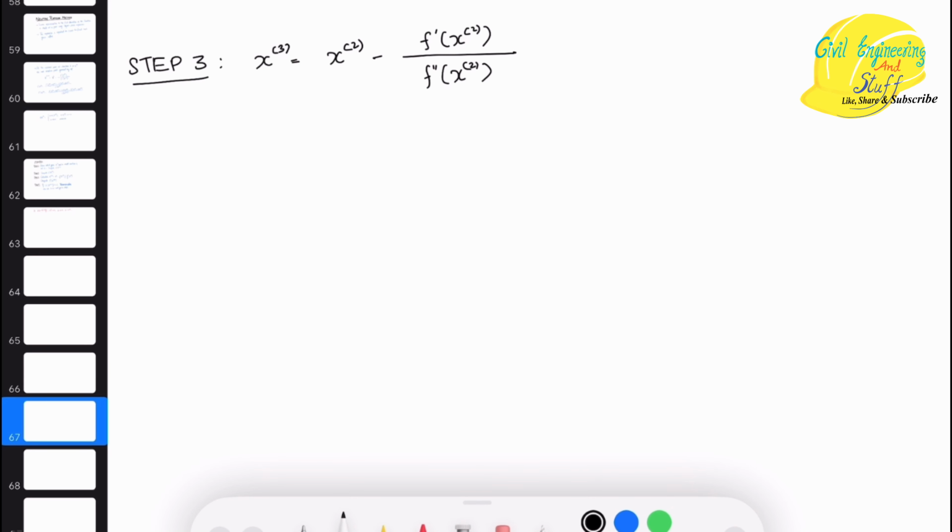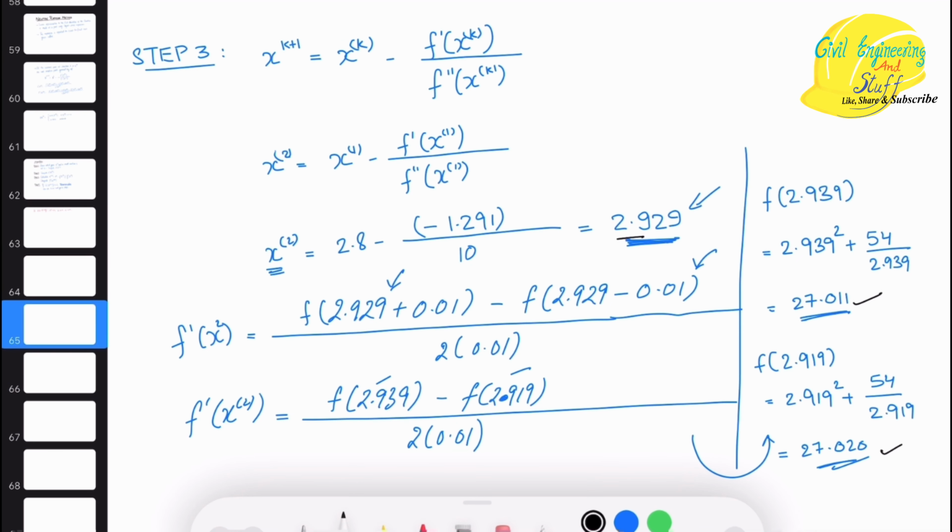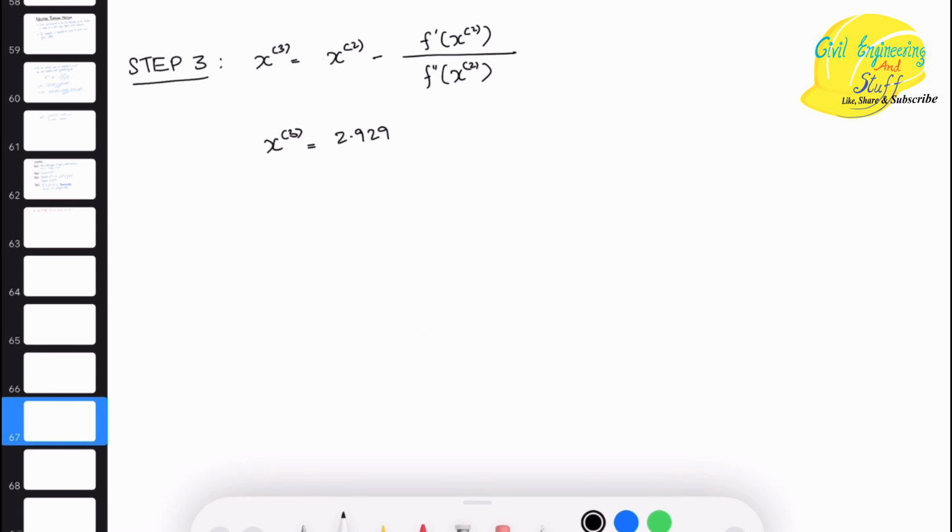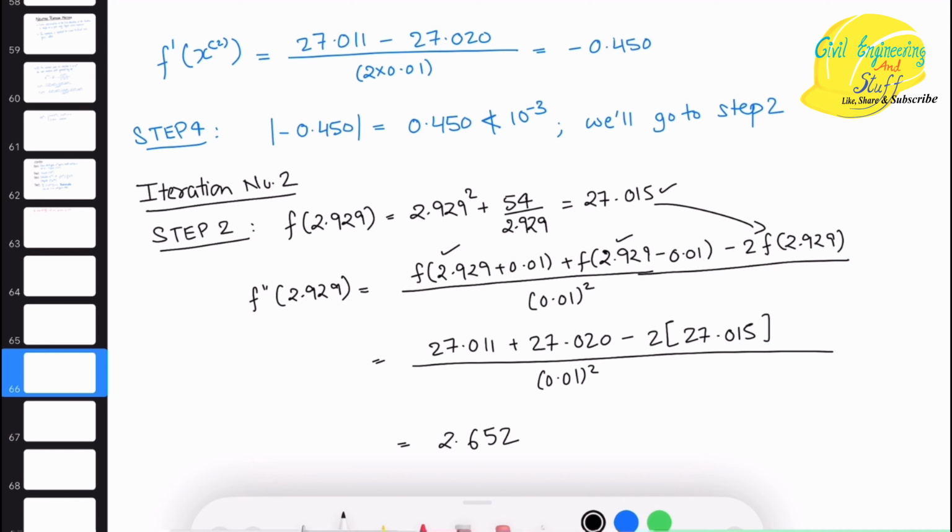Just put the values. So we'll see the next point: x2 was 2.929, right? The earlier point was 2.929. Minus the values of these we have found in the previous step.